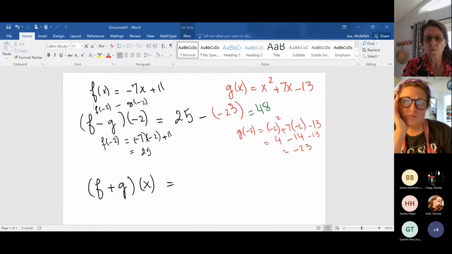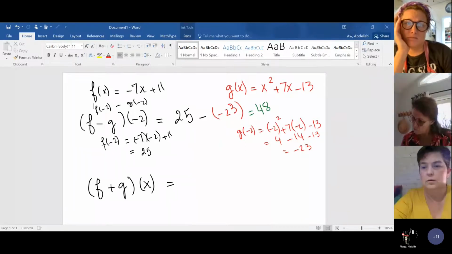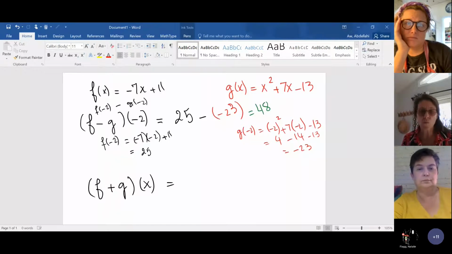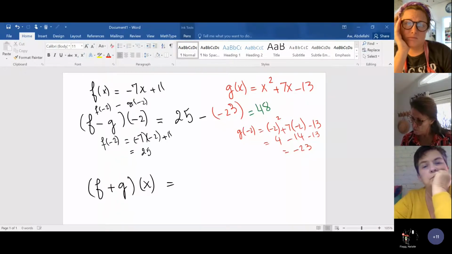On one hand, we plug -2 into the f, which gives me f of -2, which is 25, right? On the other hand, we plug -2 into the g. That gives me g of -2, which is -23. So now my final answer would be 25 minus -23, right?